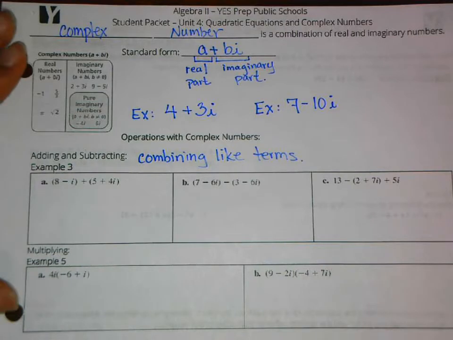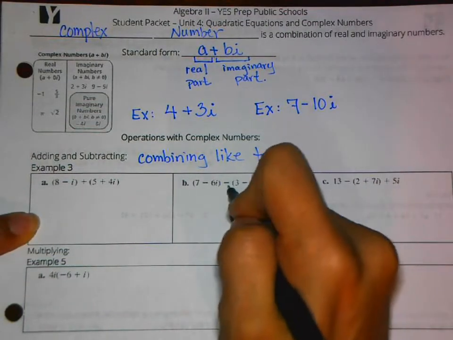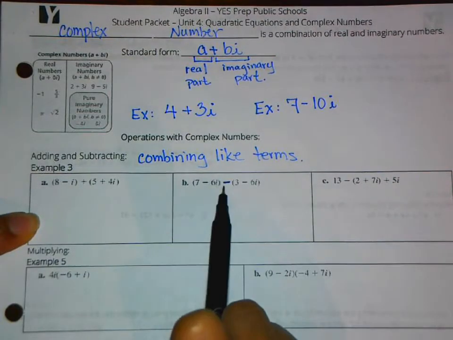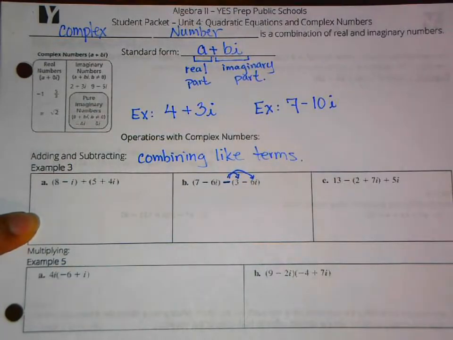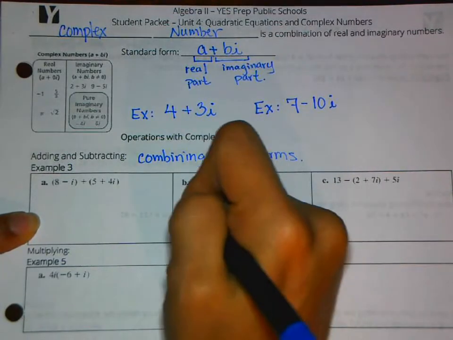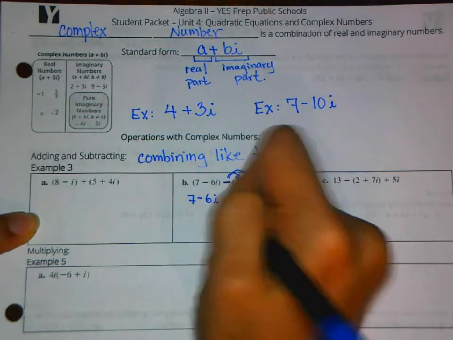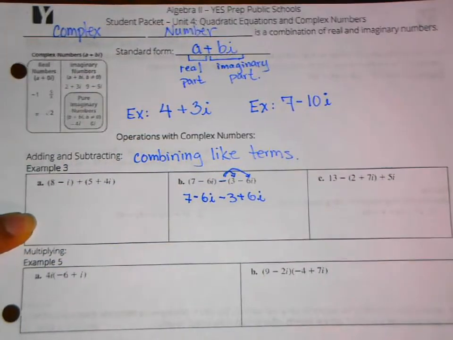I'm going to go straight to part B because we can do part A as a practice. Notice how I have a negative right there. I'm going to take that negative and distribute it to the parentheses behind it. So that's going to give me 7 minus 6i minus 3 plus 6i.